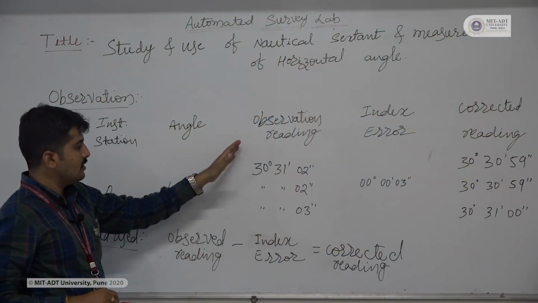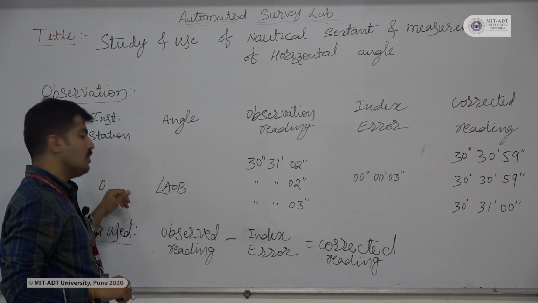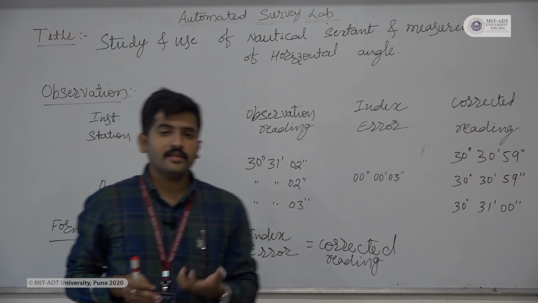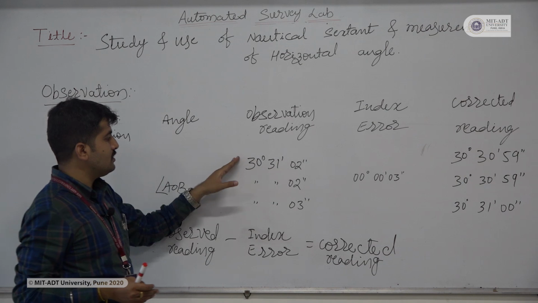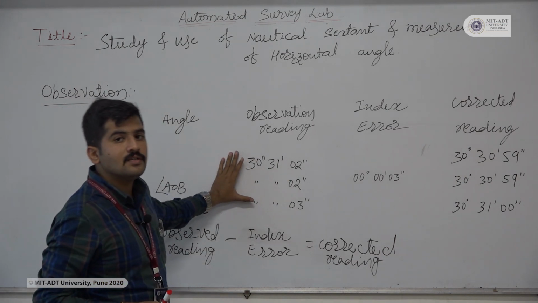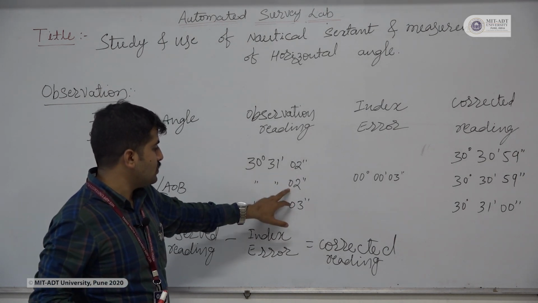In the field we conducted the test and observed the readings. Here the station point is O, where our person was handling the equipment, that is the sextant. The angle AOB given by the observed reading is 30 degrees 31 minutes 2 seconds. We conducted 3 sets of readings at the same point, with variation in the seconds value: 2 seconds and 3 seconds.